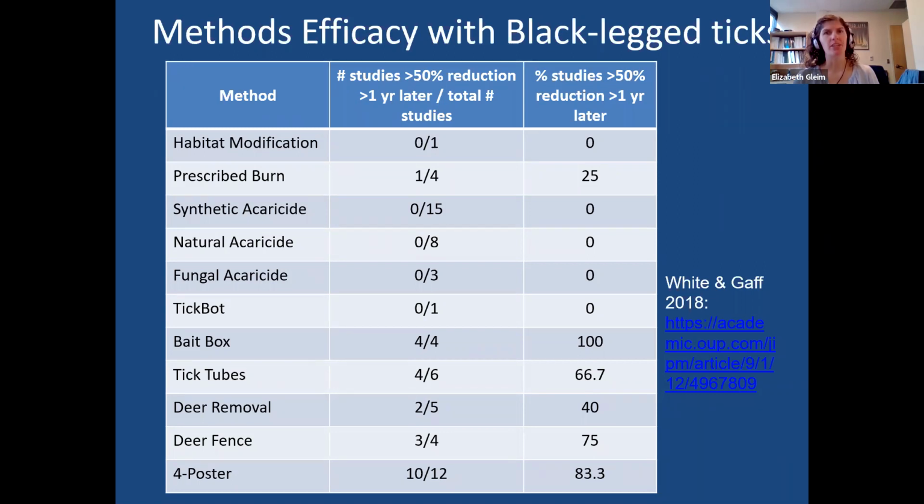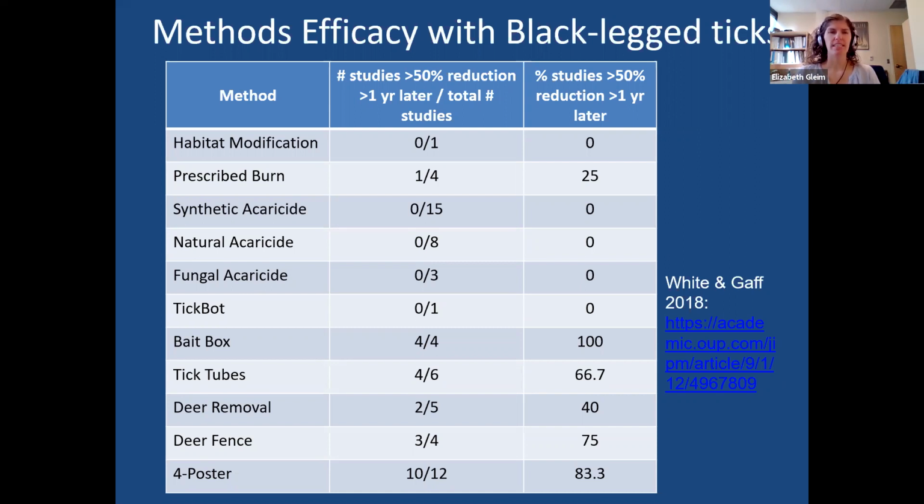So I focused on the data on black-legged ticks, and in particular looked at studies that saw at least a 50% reduction in some life stage of black-legged ticks, and that reduction was sustained for at least a year, if not longer. That was the criteria that I used.